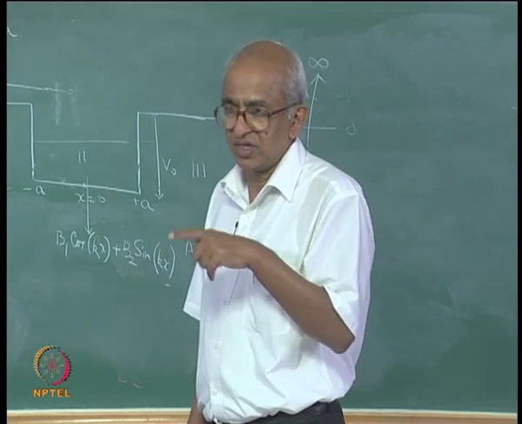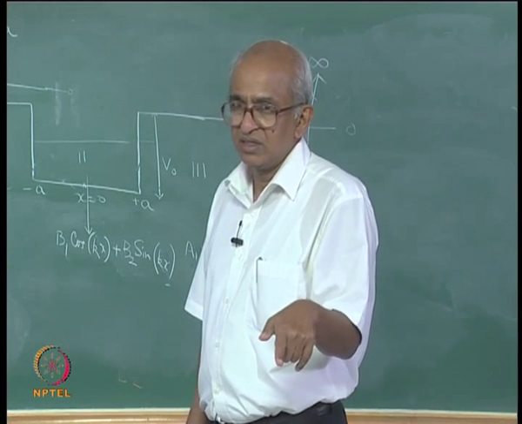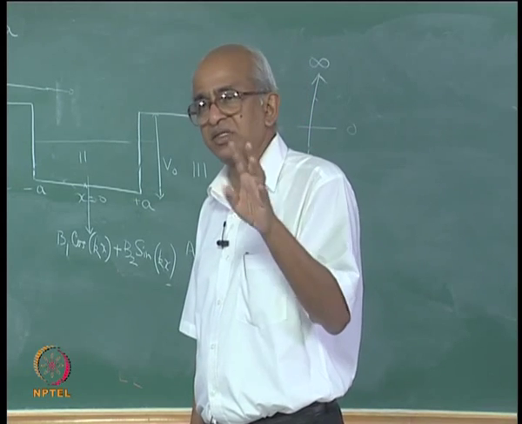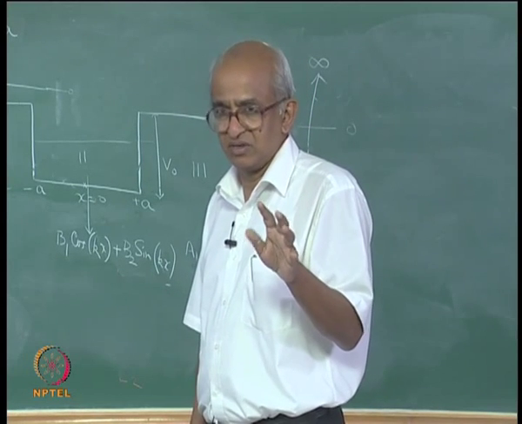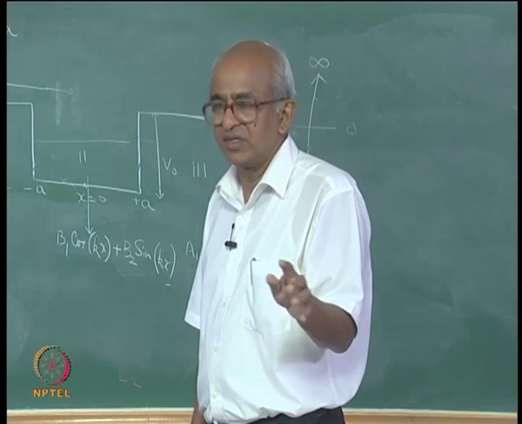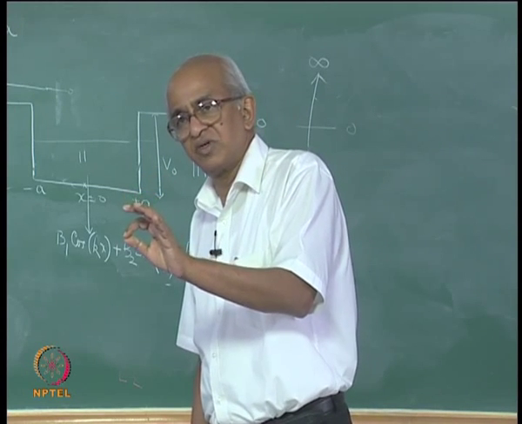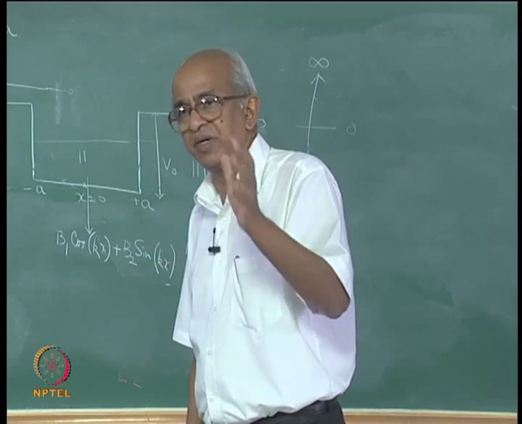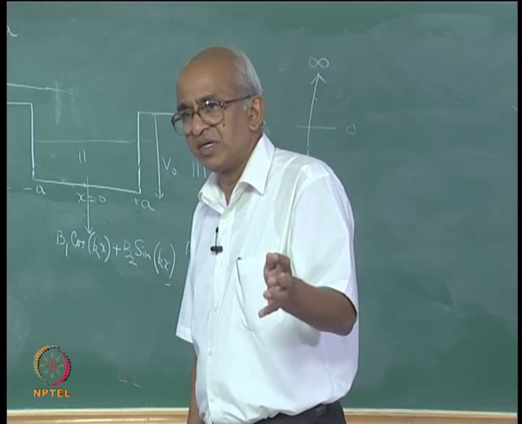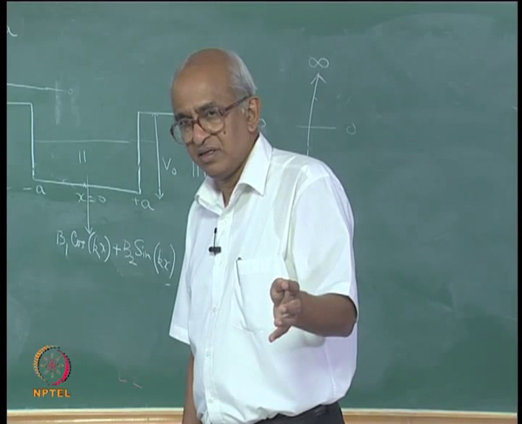This is what we have proved in the morning. So, suppose I am interested in the even solution. Even solution means it is a symmetric solution. If you replaced x with minus x, the solution will remain unchanged.